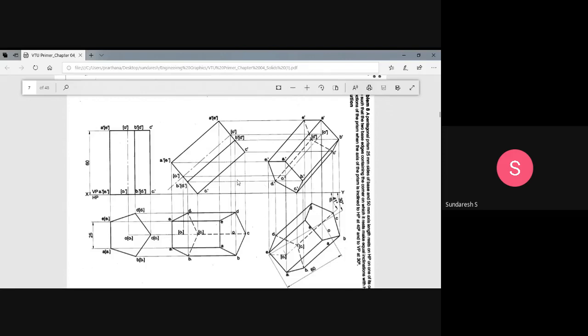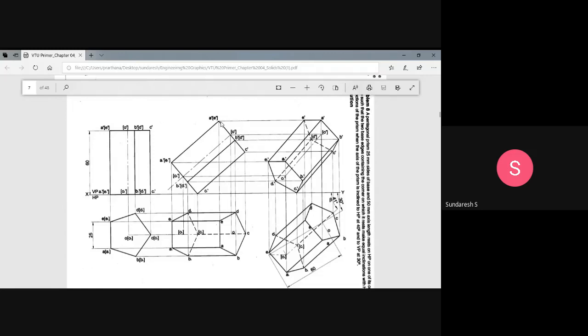So therefore, C1 dash is the corner which is away from the observer, and the edges which arise out of C1 dash are definitely invisible edges. That is what you are supposed to remember. Before you draw, the complete top face is nearer to the observer and hence completely visible.